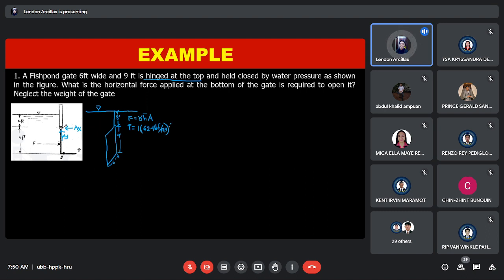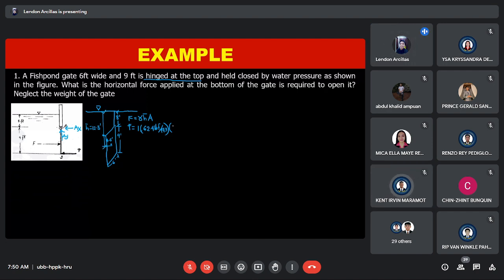So H bar, paano natin makuha yung H bar? From the surface to the centroid. So since this is 8 and this is 4.5 feet, right? So 8 plus 4.5. So H bar is 12.5. Gets yan?